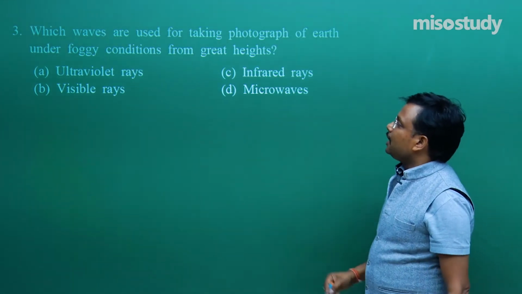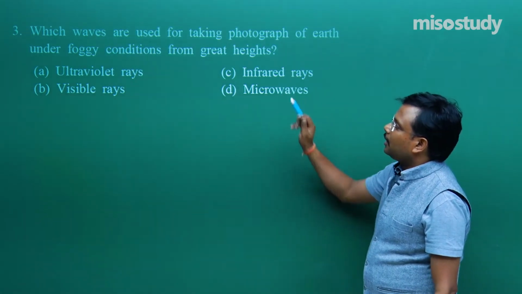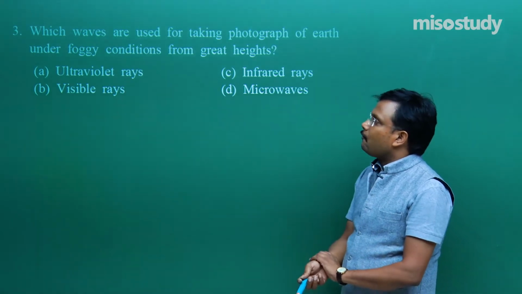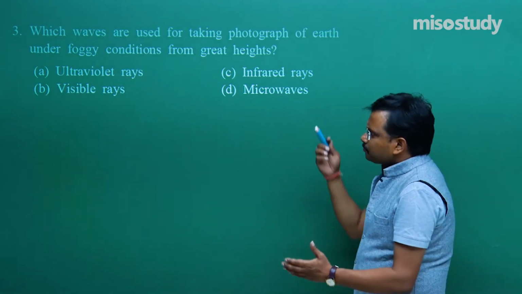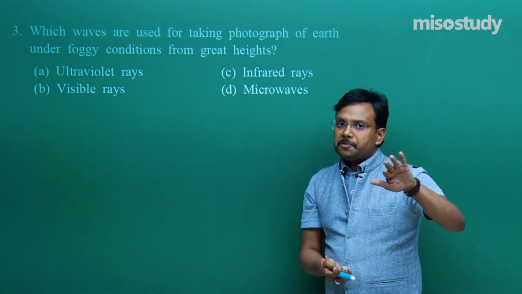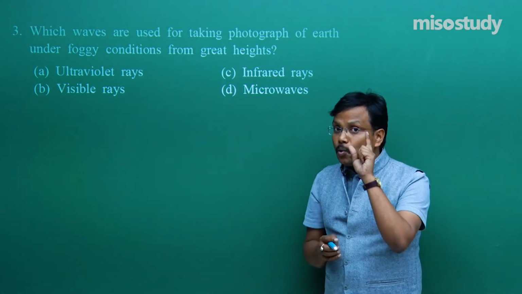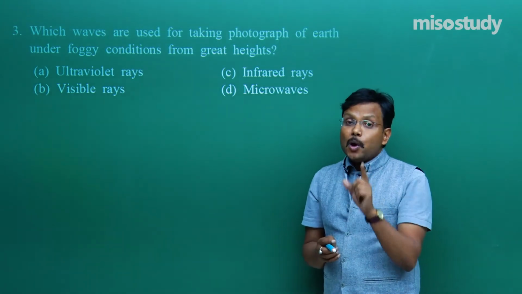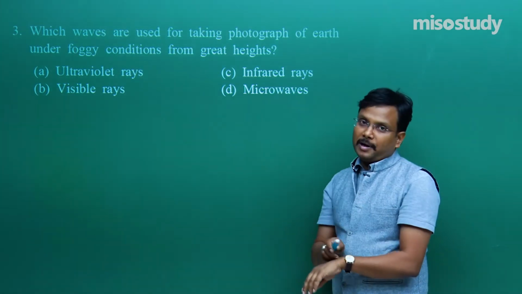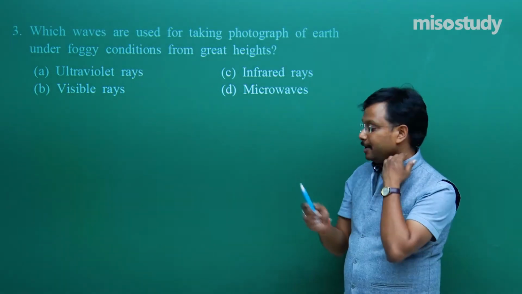So that's why infrared photography is the correct option for this particular condition of taking photographs of Earth under foggy conditions, fine. This is also the method by which you can eliminate wrong options, and this is something that you can do only if you have a clear understanding of all the properties of these particular radiations, fine.